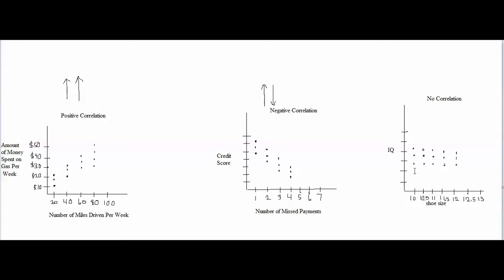What I mean is, what it seems to be showing is people with higher shoe sizes don't really have higher or lower IQs than people with smaller shoe sizes. So, in other words, it looks like shoe size and IQ have nothing to do with each other, which means that we don't see any correlation in our data set between shoe size and IQ.